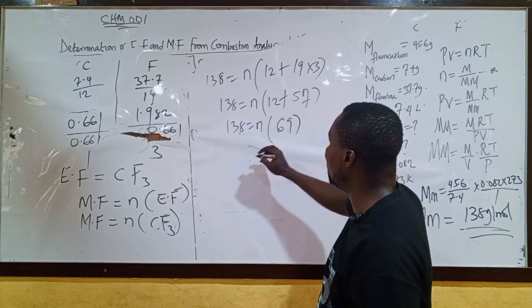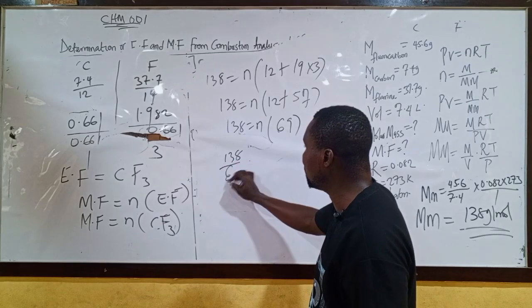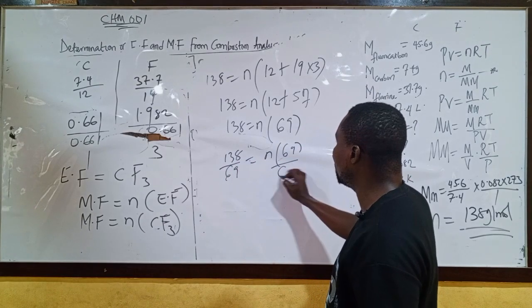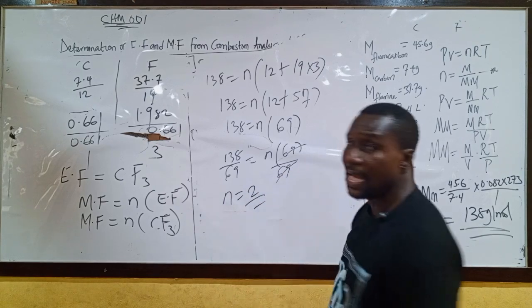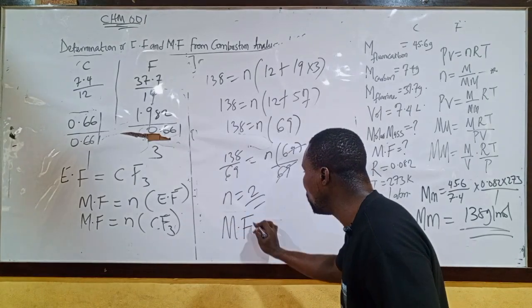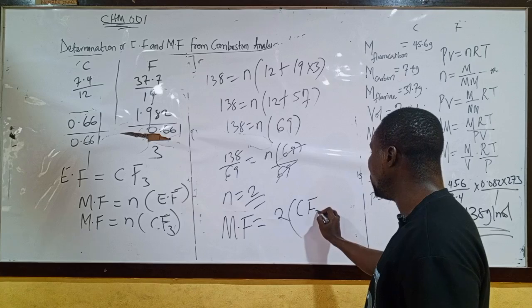69. Then divide both sides by 69. You have 138 over 69 equal to N times 69 over 69. This cancels this. You have N equal to what? 2. Therefore, molecular formula equals 2 into CF3.